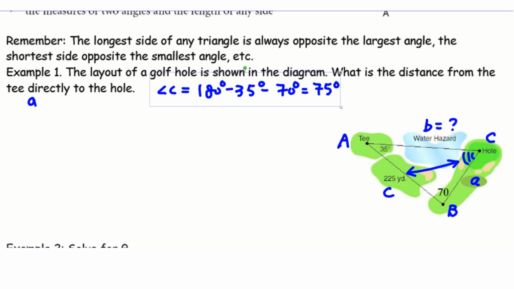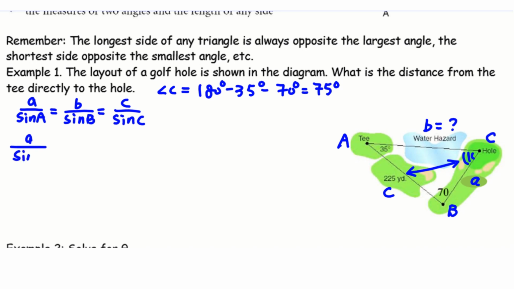So a over sine A equals b over sine B, then equals c over sine C. Then sub in the given information. If the information is given, then we just copy the letter here.